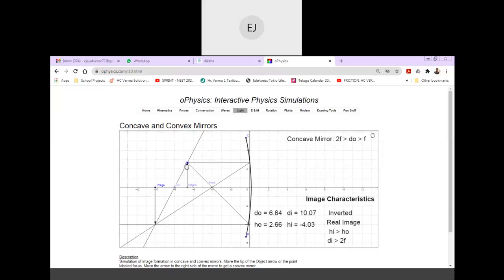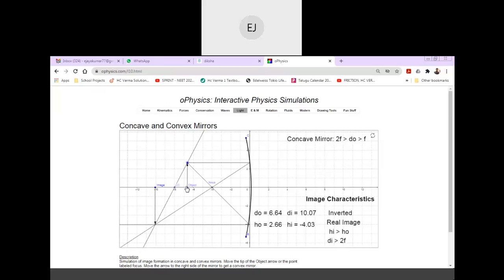It reflects back as a parallel ray. Number one, if you send a parallel ray, it reflects back through the focus. And if you send the ray through the focus, it reflects back parallelly. So these are the two rules.